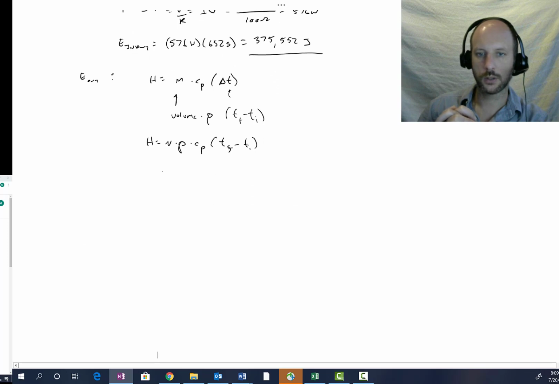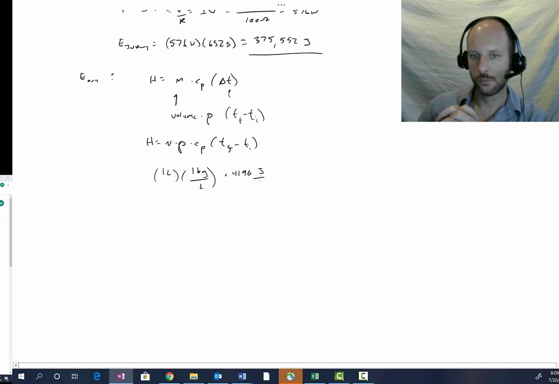So we do that calculation, and you're going to get 1 liter times 1 kilogram per liter. So that's an easy conversion, a liter of water weighs a kilogram, multiplied by the specific heat that we are given, 4,190 joules per kilogram Kelvin. We can see that the kilograms are going to cancel there, and we'll be left with joules per degree Kelvin.